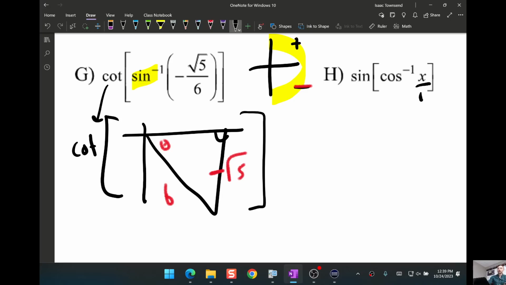Okay, so again, I recognize that I had to sketch a triangle. I had to put some thought into what it should look like, but then every one of these questions finishes in the same way. SOHCAHTOA once, which I just did. Pythagorean theorem to find the third side.